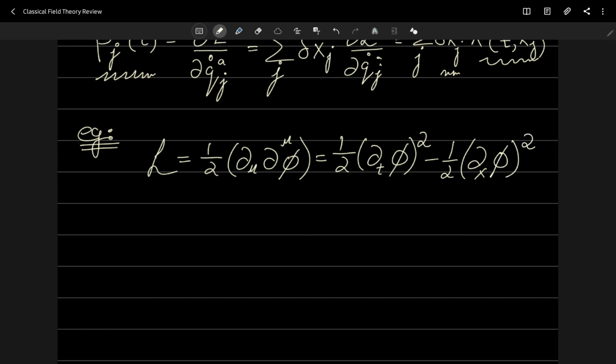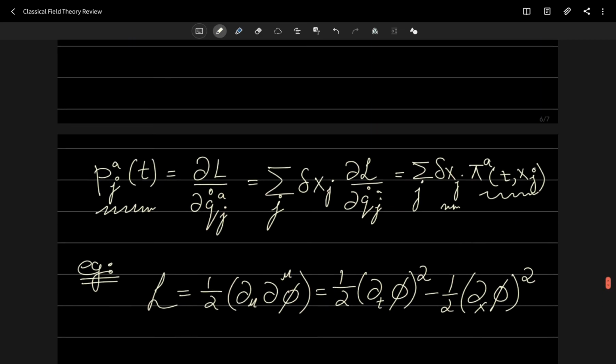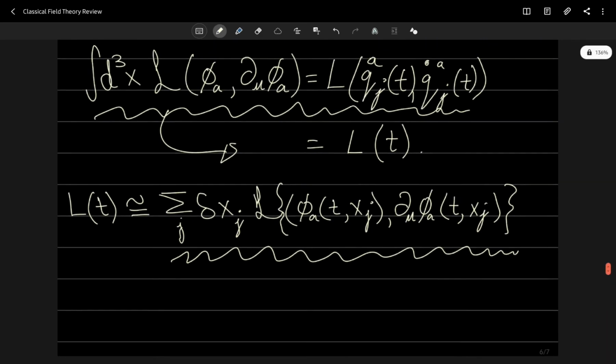Now we have to integrate this over space d^3x to obtain the Lagrangian and discretize it using the rules that we just defined over here, right?